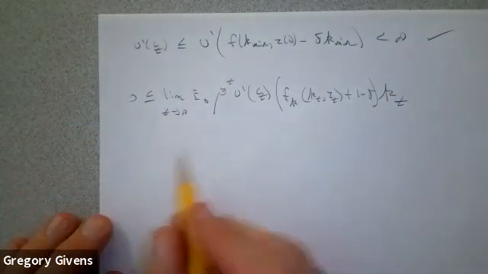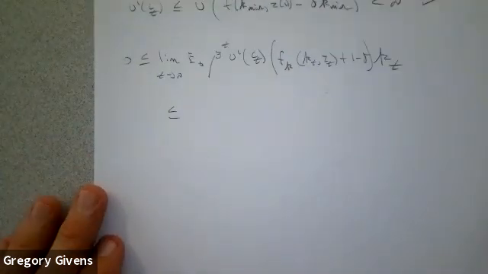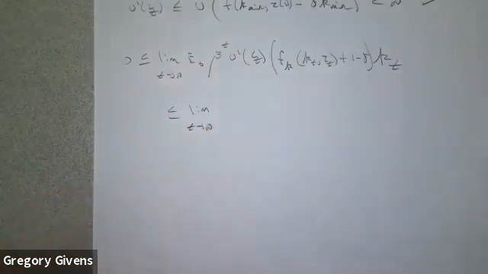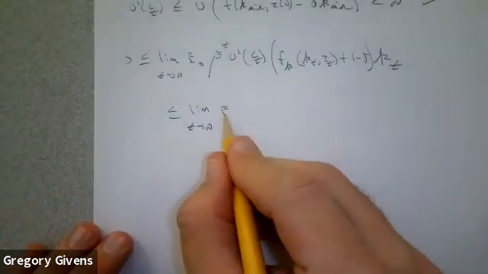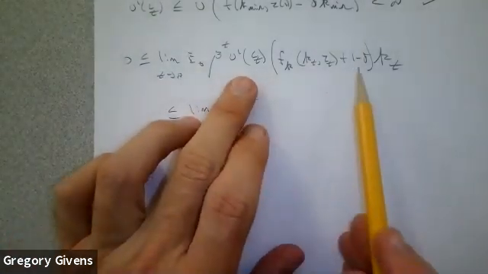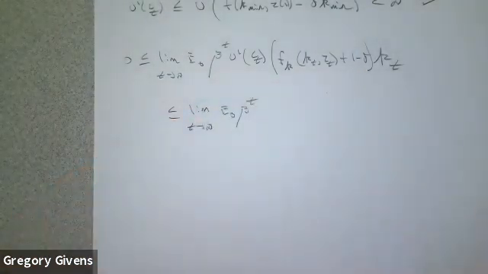But we also know that it's less than or equal to the limit as t approaches infinity of the expected value of beta to the t times the upper bounds on all three of these parts that we just found.